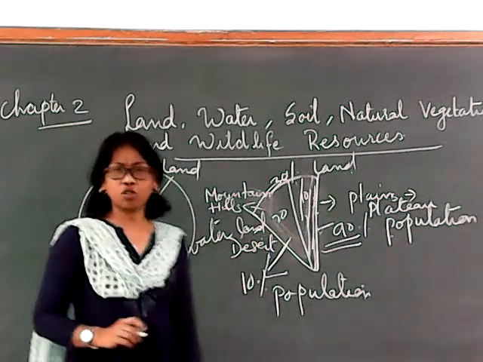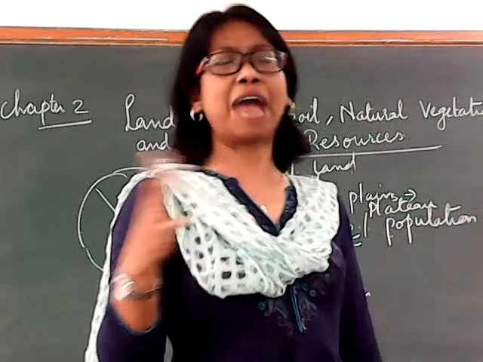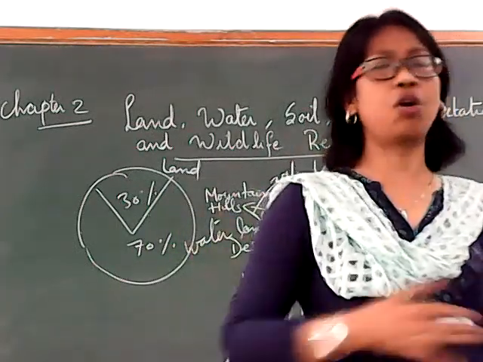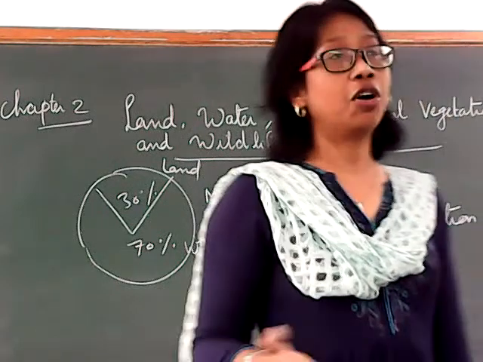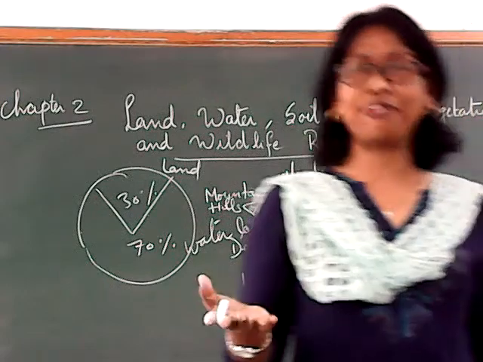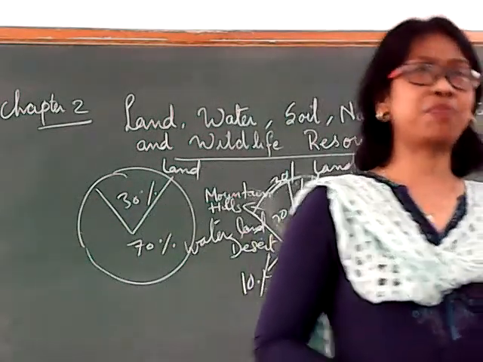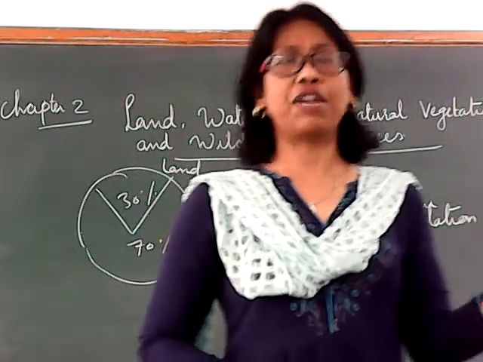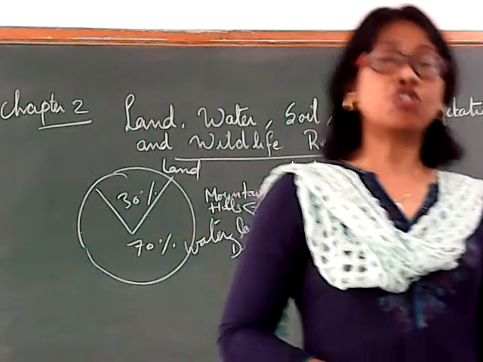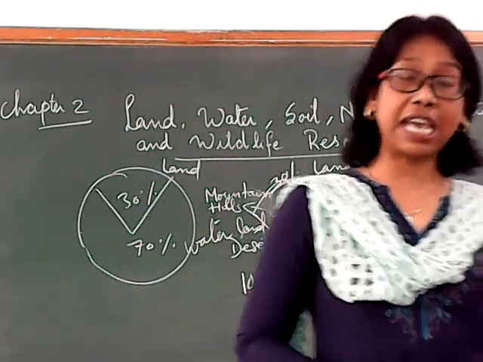Obviously who would love to live in the desert, where the climate could be very harsh, either very cold or very hot, or rainfall is very scanty. In those areas plains are not there, barren lands are there. So people generally avoid settling down in those areas.